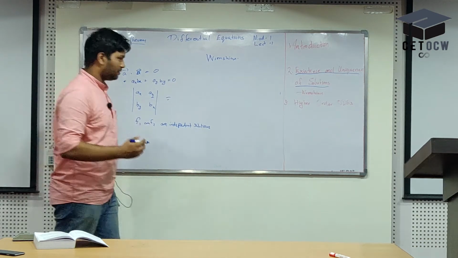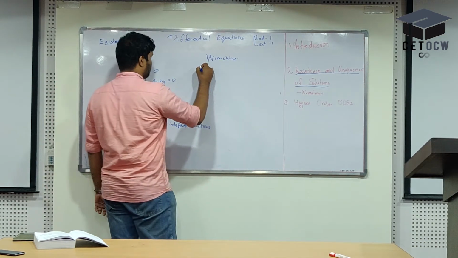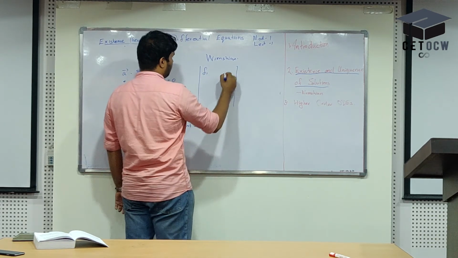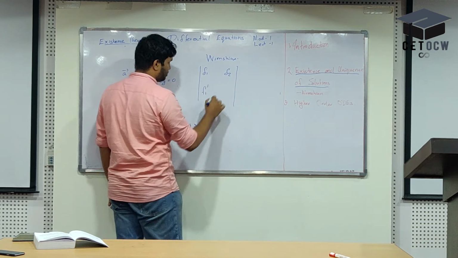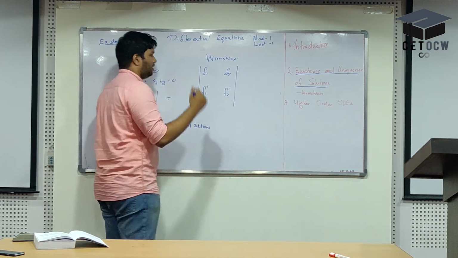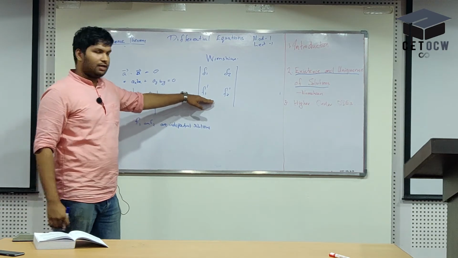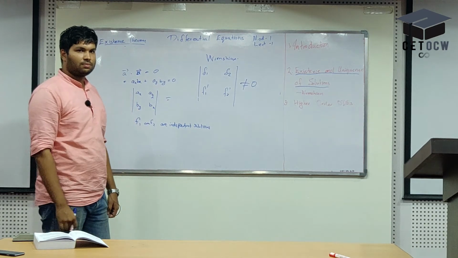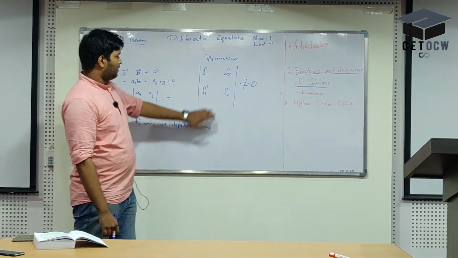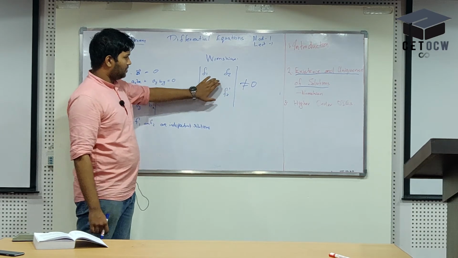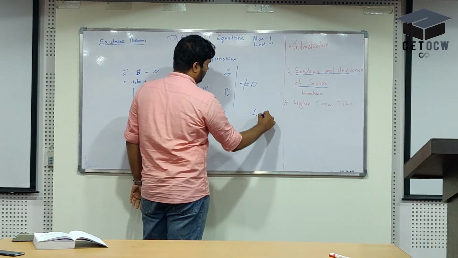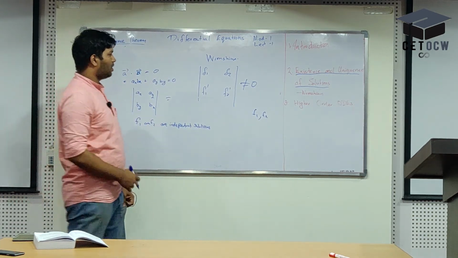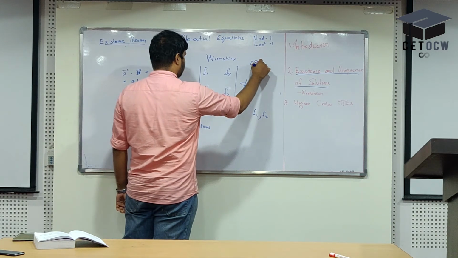And that's where the Wronskian comes in. It's named after a mathematician, and he said that this is f1, f2, f1 dash, and f2 dash. Then the determinant of this matrix, if it is not equal to 0, then these two functions f1 and f2 are linearly independent solutions of our original ODE.